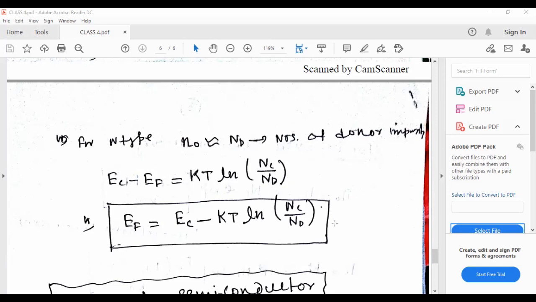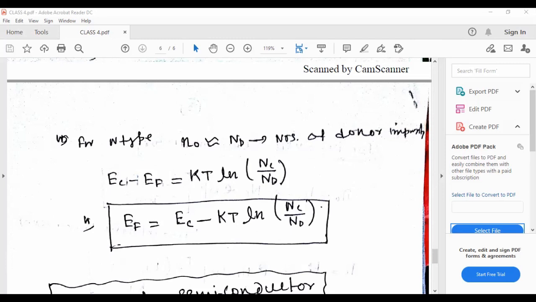Nc upon Nd means what? We have seen earlier that for an n-type semiconductor, the Fermi level lies near the conduction band minima, maintaining some fixed distance from the conduction band. It is kT ln Nc upon Nd.